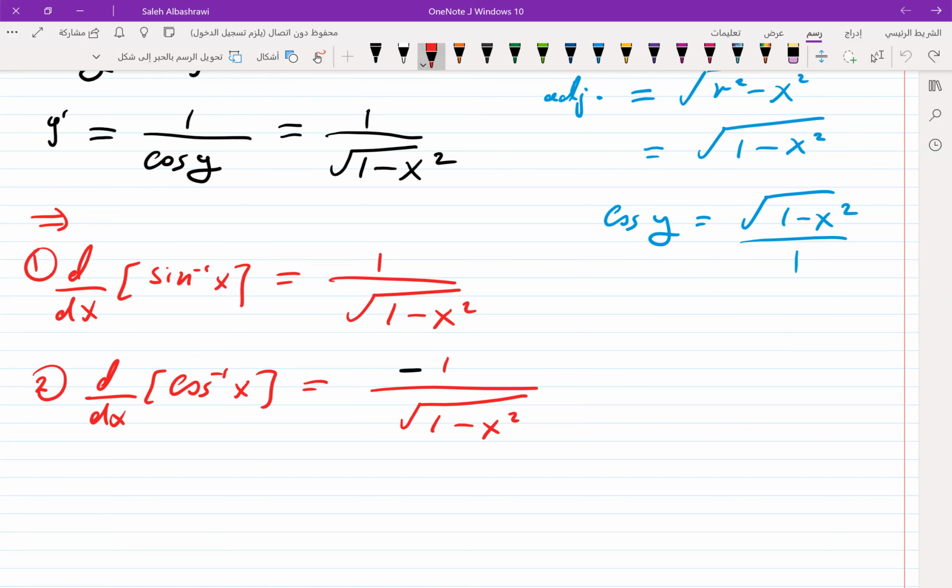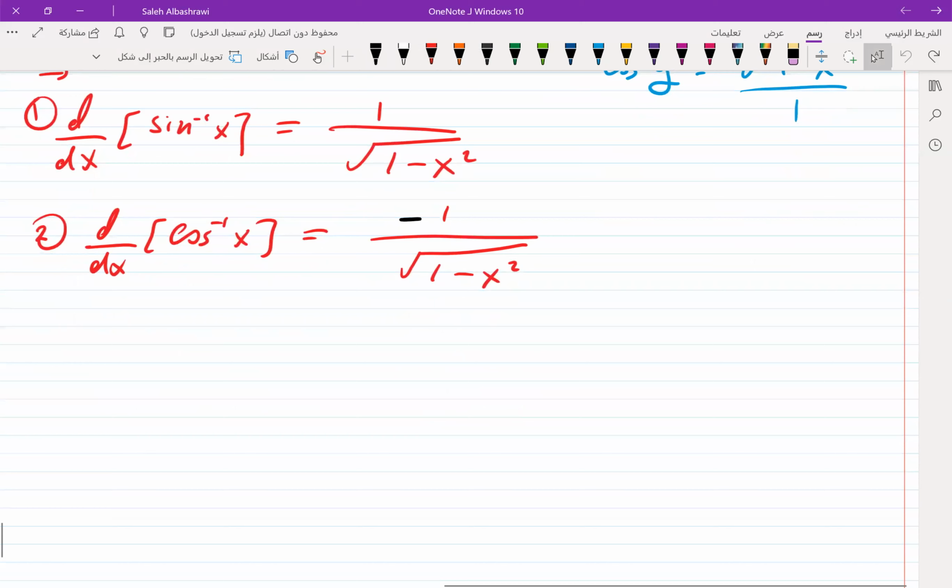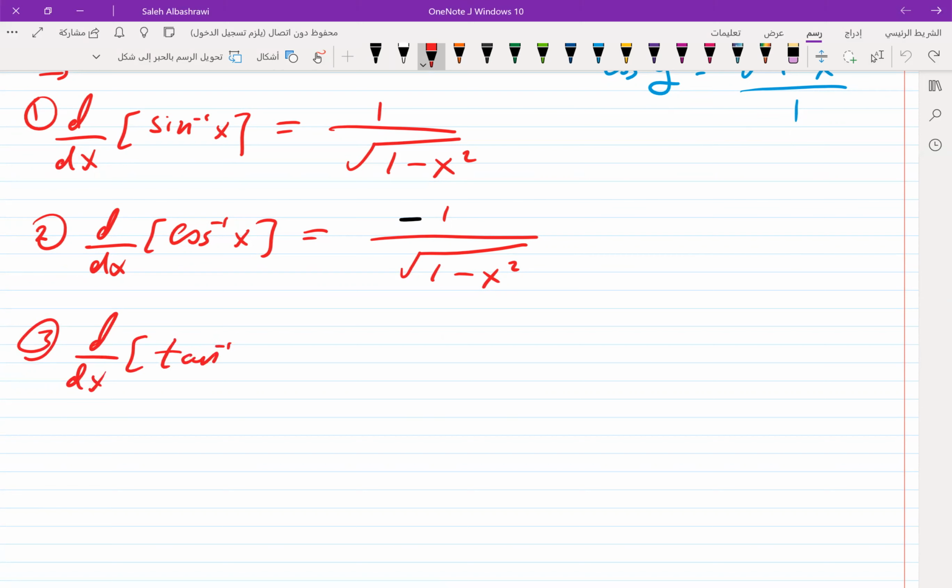Third one, tan inverse. The derivative with respect to x of tan inverse x is equal to 1 over 1 plus x squared.